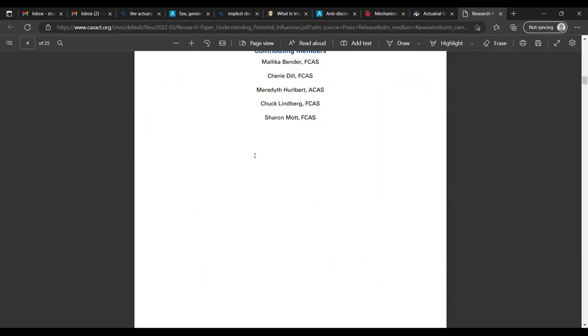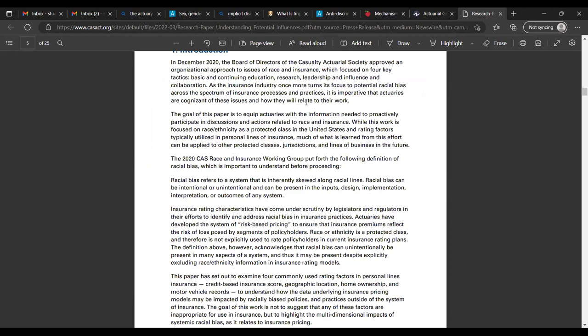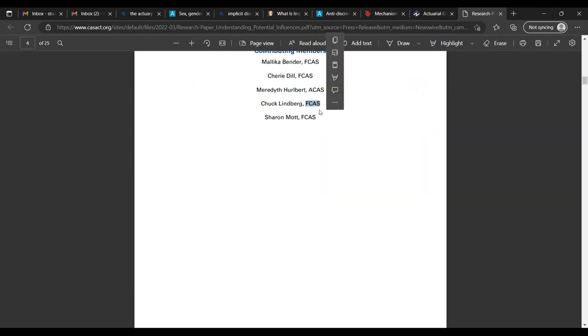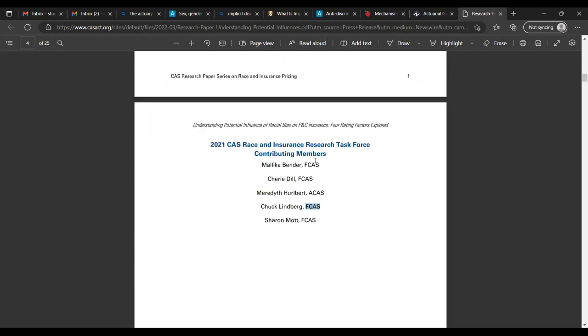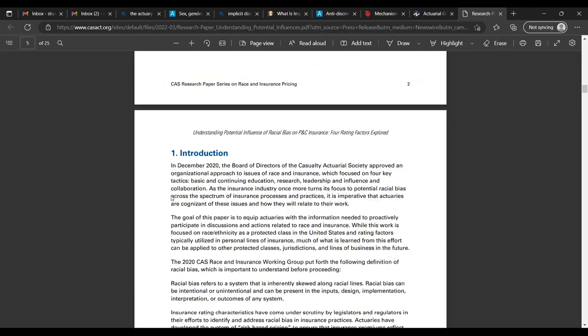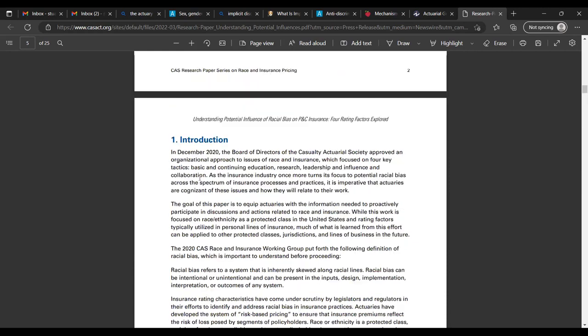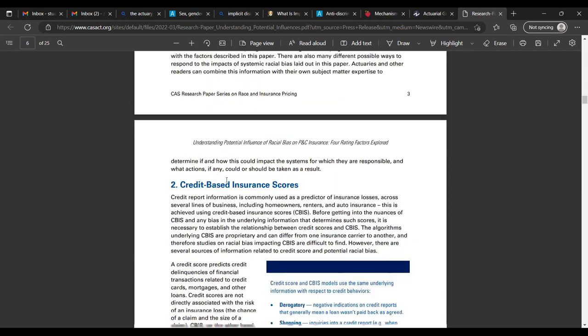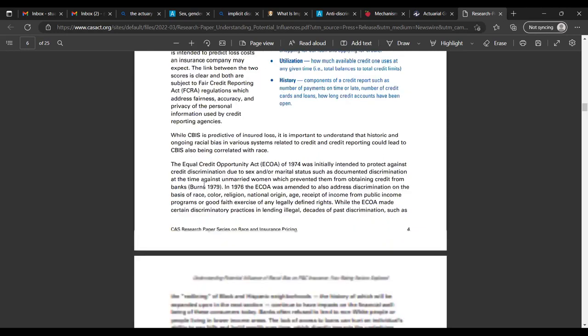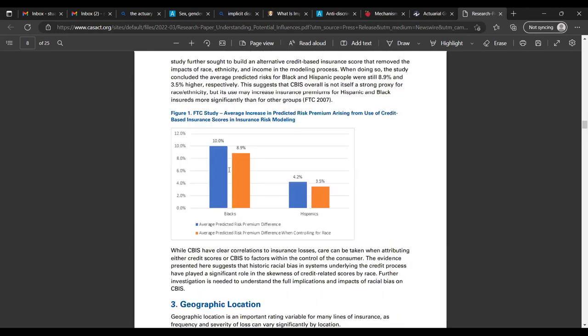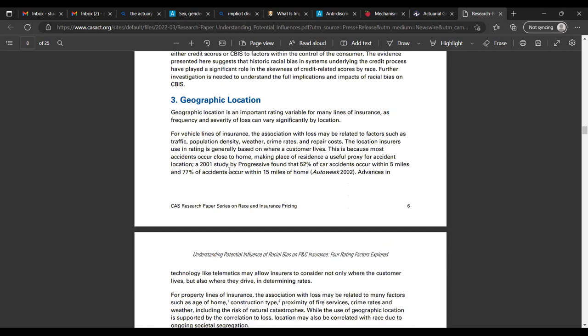Oh, by the way, when you see FCAS, that means a Fellow of the Casualty Actuarial Society. So think of the UK's FIA, but Casualty Actuarial Society. So what are they? Oh, okay. Credit-based insurance scores, geographical location, clearly.